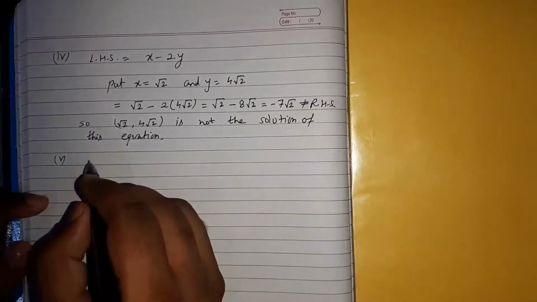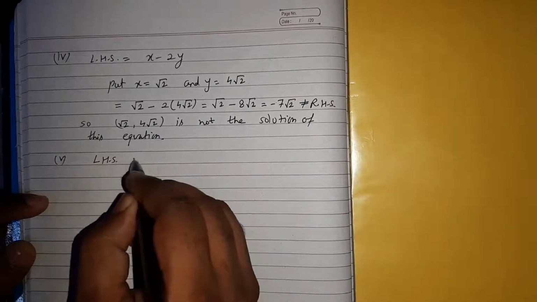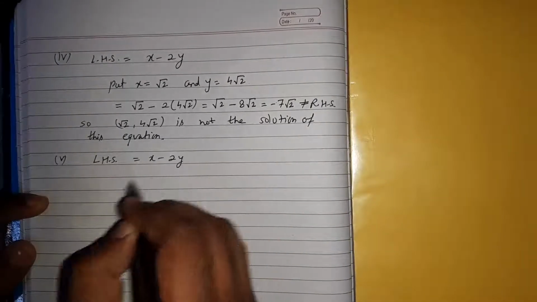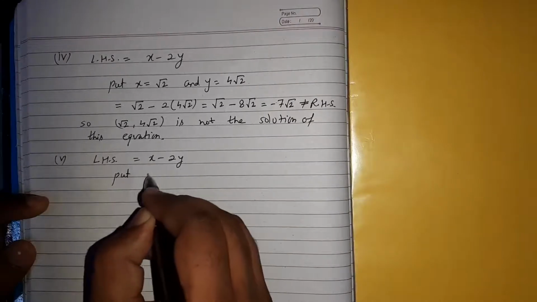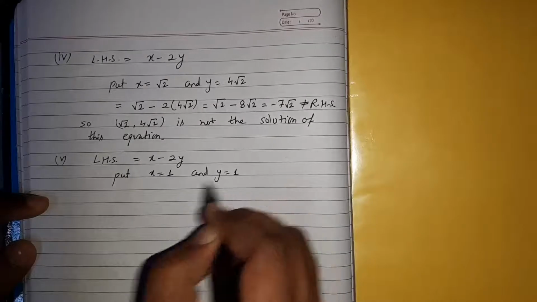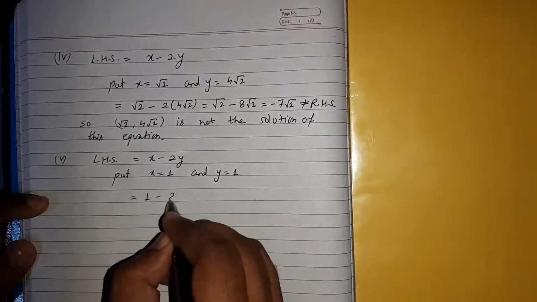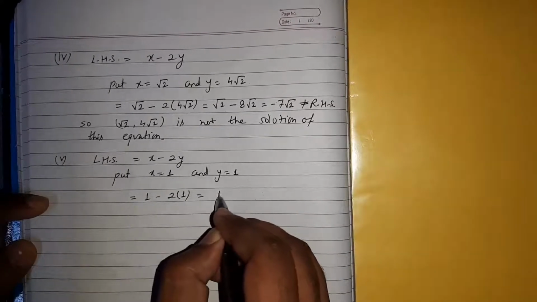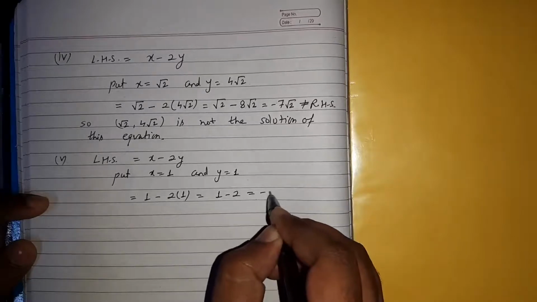The LHS part is x minus 2y. Now we will put x equal to 1 and y equal to 1. So it will be 1 minus 2 multiply 1, so 1 minus 2, which is equal to minus 1.